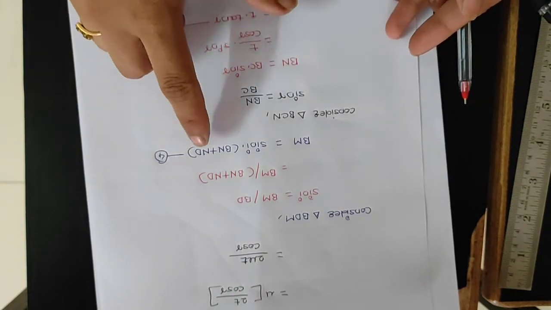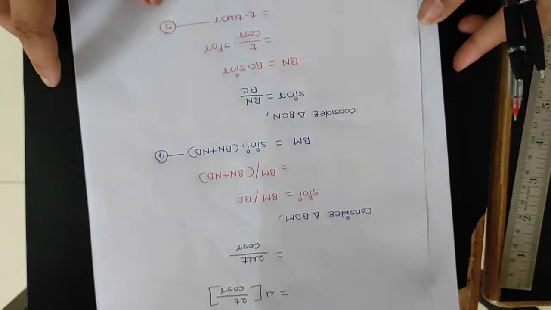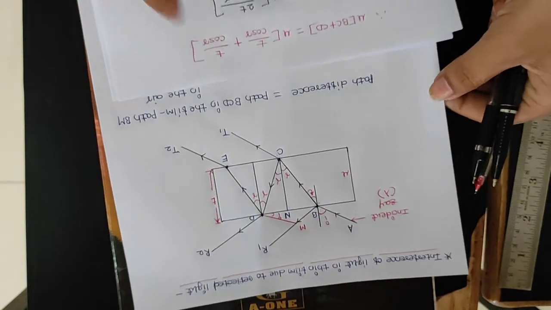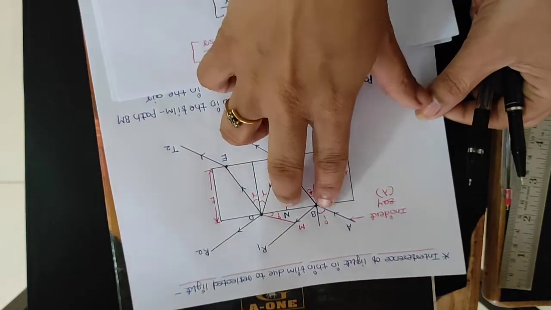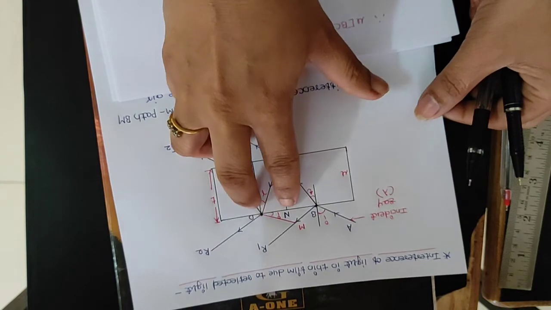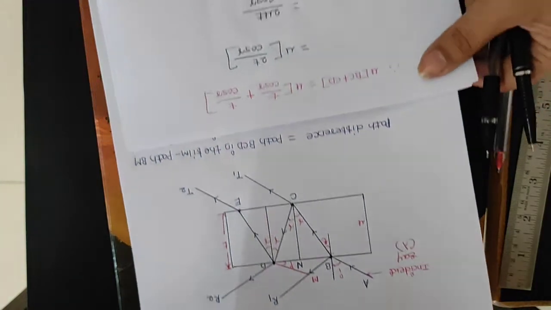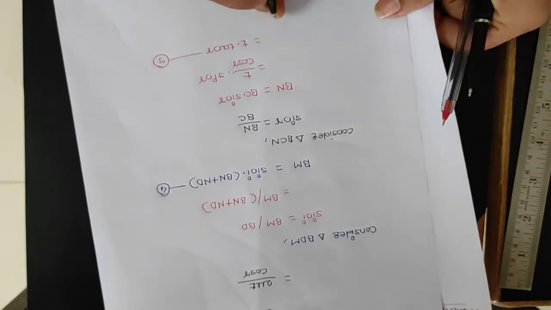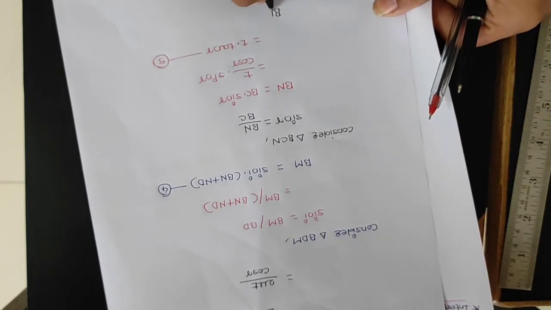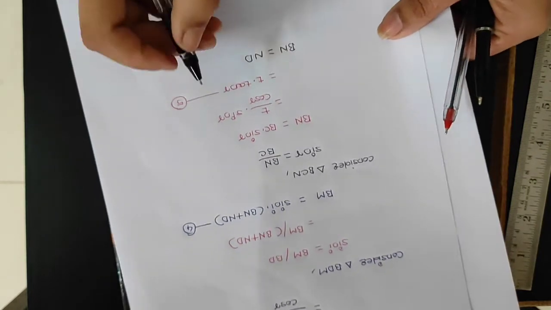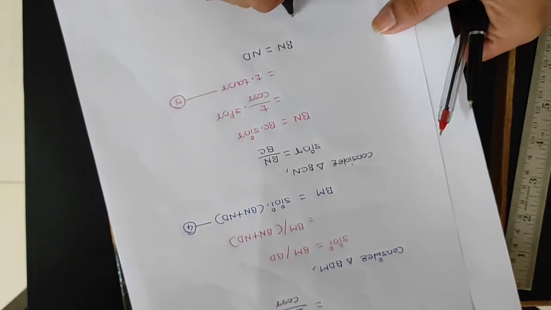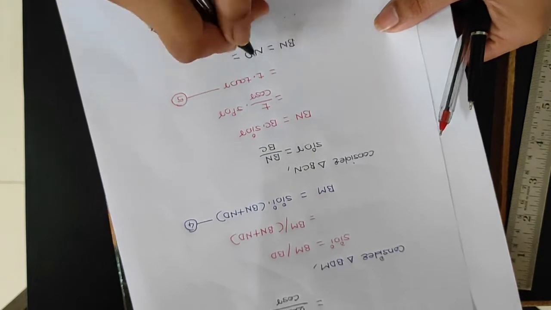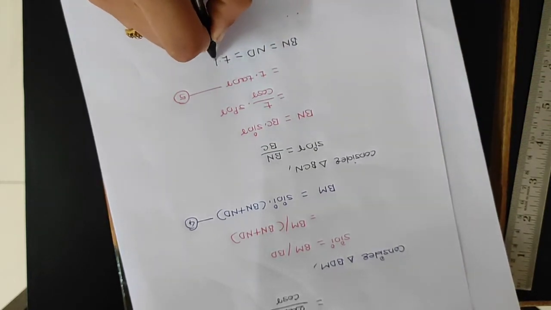Now we have to find out the value of ND. But if we see this figure, then it is observed that BN is equal to ND. So here we can write directly BN is equal to ND, and which is equal to t into tan r.